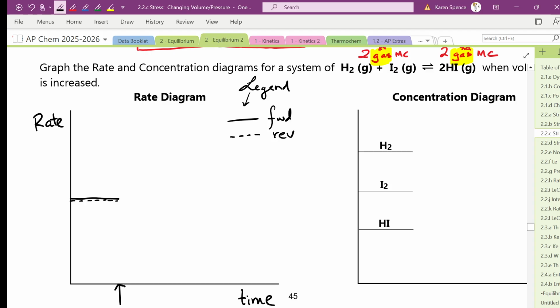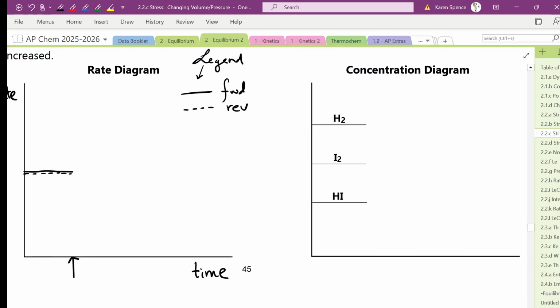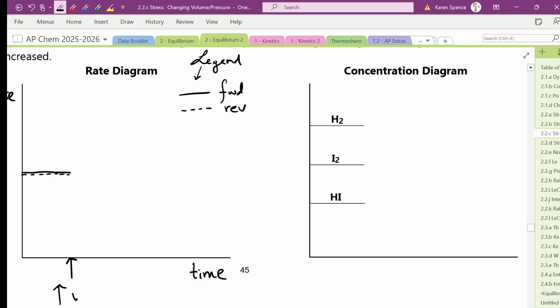And at this time here, volume is increased. So we increase the volume. What happens to our forward rate when we increase the volume? It drops. Same number of particles in a bigger space means fewer collisions.